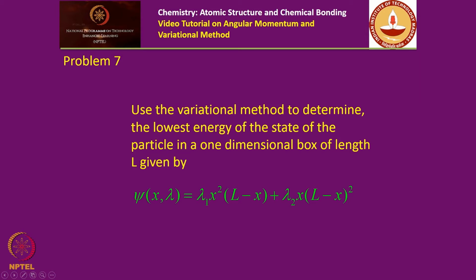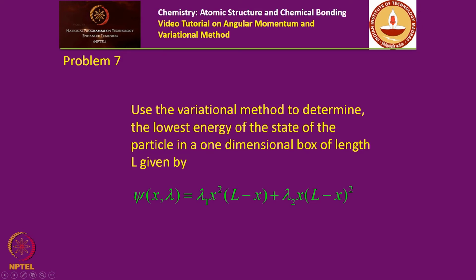The state is an arbitrary state psi x comma lambda, lambda is basically lambda 1 and lambda 2 as a variational parametric set of lambda 1 and lambda 2 with two basis functions x square into L minus x and x into L minus x whole square.